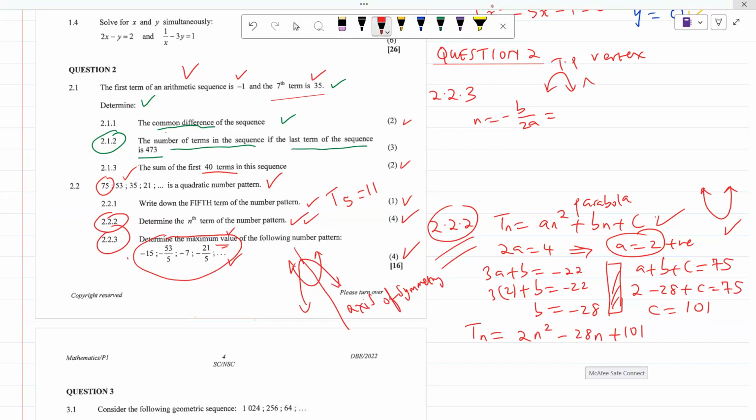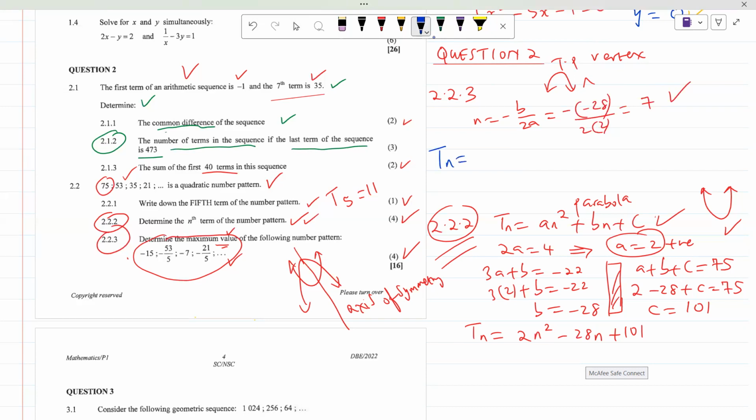So we have minus b. What is our b? It is minus 28 over 2a, where a is 2, and then it becomes 28 over 4, which is plus 7. So the maximum or minimum will occur at n equals 7. It's the 7th term, but we need to find the y value, so we need to find Tn.